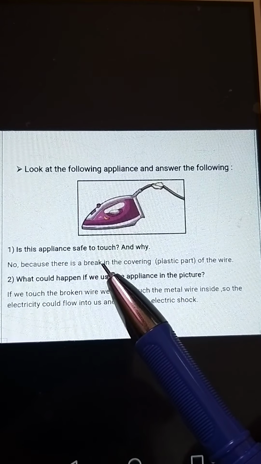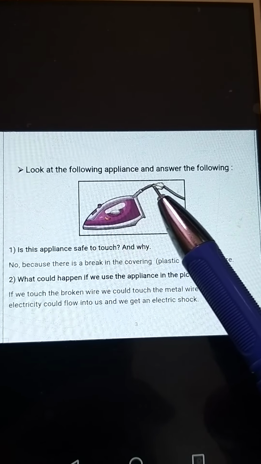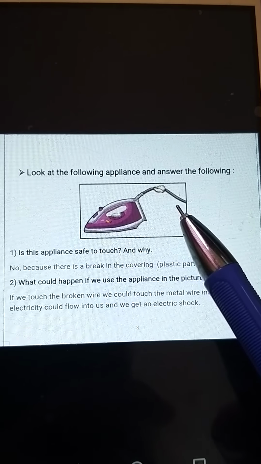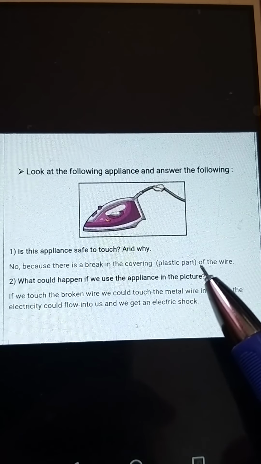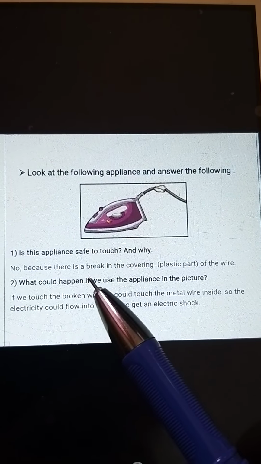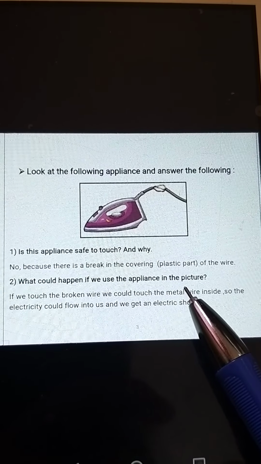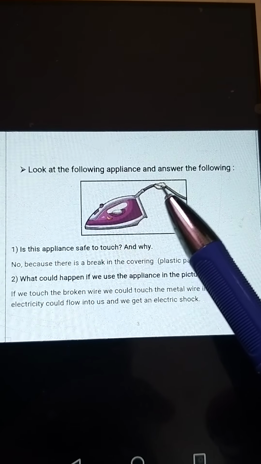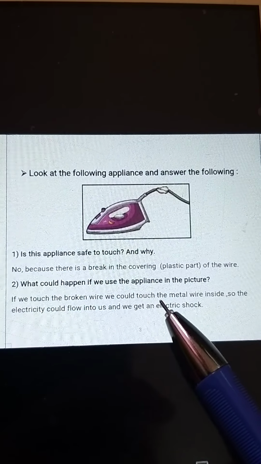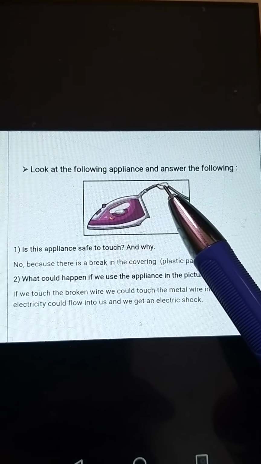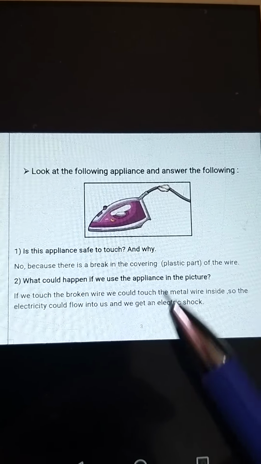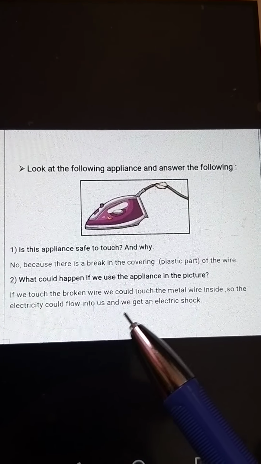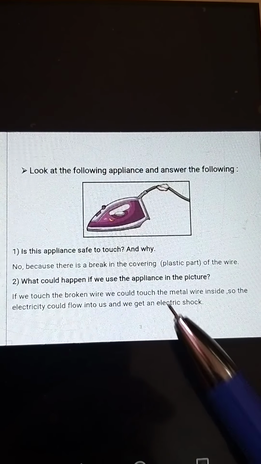There is a break in the covering. This is called what? Covering wire. So there is a break in the plastic covering of the wire. What could happen if we use the appliance in the picture? If we touch the broken wire, if we touch this part, we could touch the metal wire inside the plastic wire. So the electricity could flow into us and we get an electric shock.